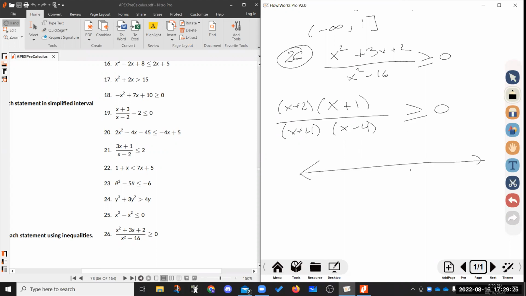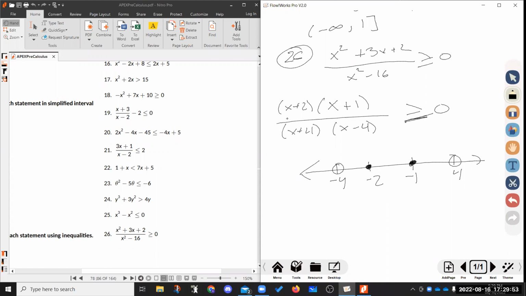So on my number line, I'm going to have -4. It's going to be open. +4 is going to be open because I can't divide by 0. -2 is going to have an included boundary point because this says or equal to. And -1 is also going to have an included boundary point because this is or equal to.